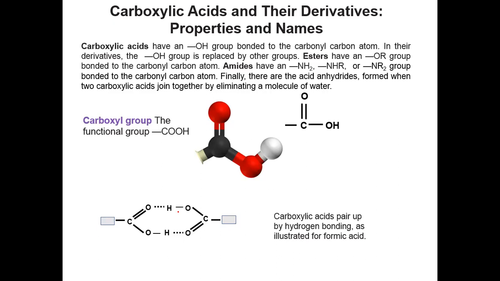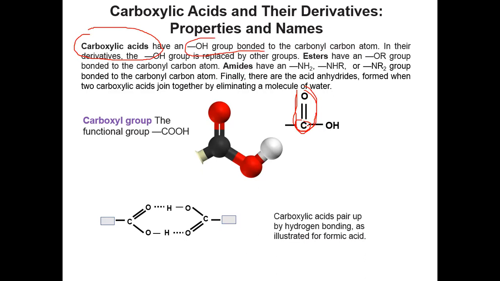You guys have heard about fatty acids, right? So what is an organic acid? Organic acid is pretty much determined by carboxylic acids, and they have an OH group bonded to the carbonyl carbon atom. So this is the carbonyl group, when you have carbon double bond oxygen.